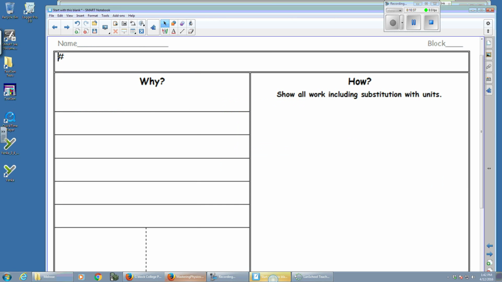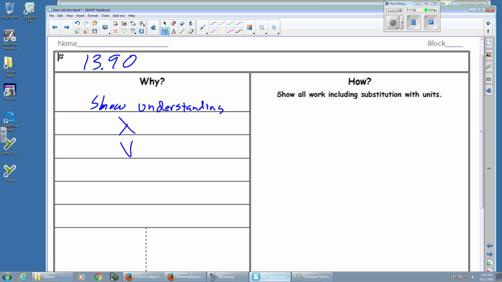So, hopefully in your Y you show understanding of wavelength, speed, and frequency. So you should show that you understand what those concepts are.